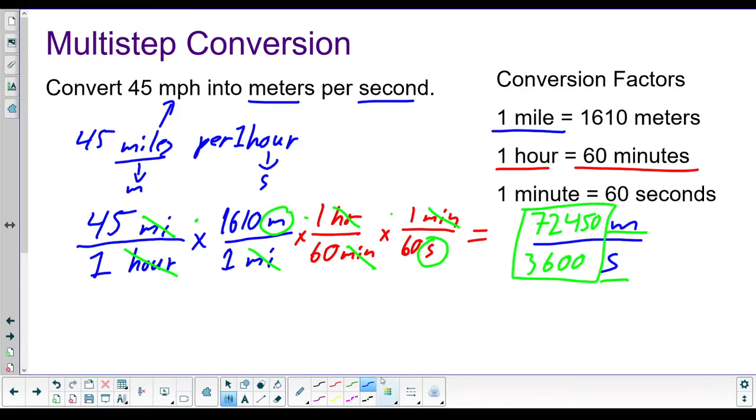And in this class, I usually do answers to decimals of 2 places. Unless I say otherwise. Some problems, it makes more sense to do more places, but in this case, we'll just do 2 decimal places.